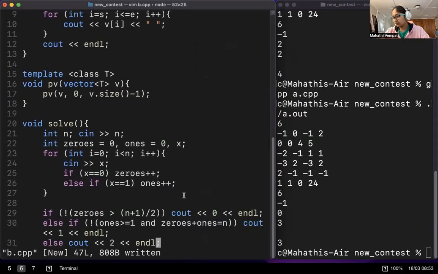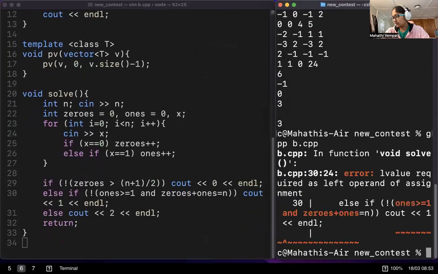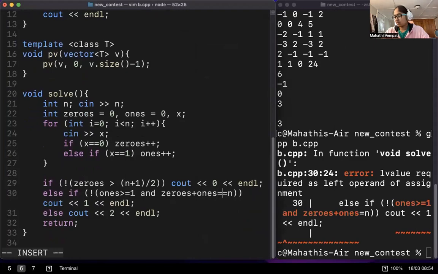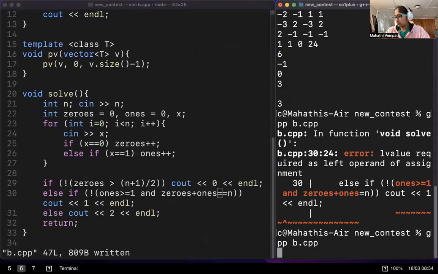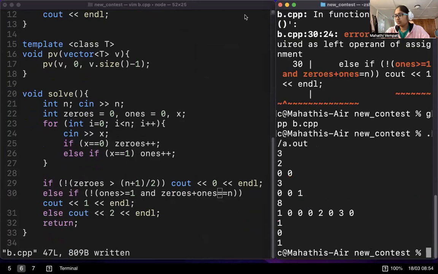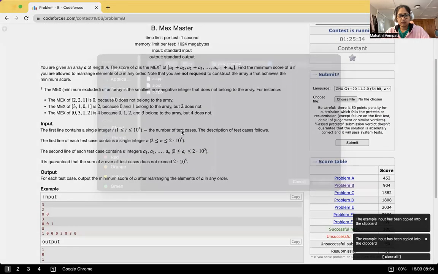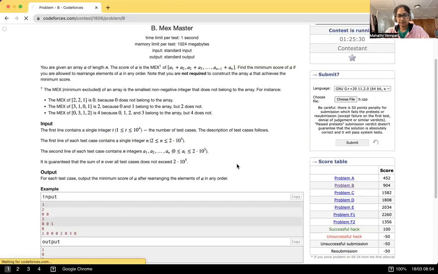Okay, we can do this. Sharing desktop 1, choose file, .cpp, submit.